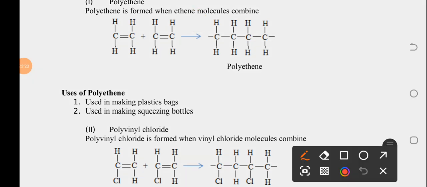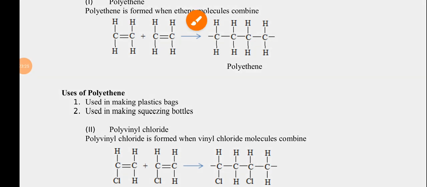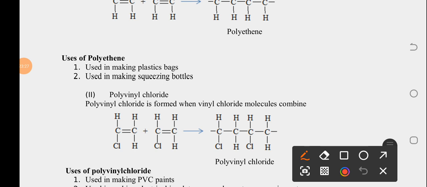Okay, let's look at polyvinyl chloride, or PVC in short. I'm sure this one is common, because if you check on the buckets where paint is loaded, you will find that PVC is written there.